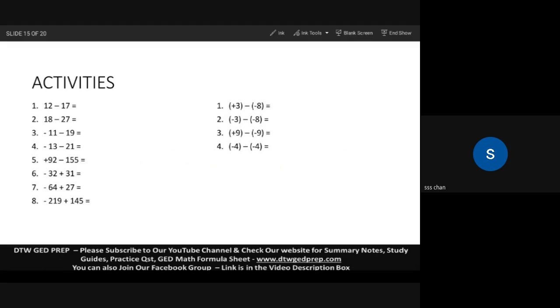The next one, same thing, we have negative 4, negative 4. So this gives you negative 4 plus 4, because removing a negative number is the same thing as adding that number.